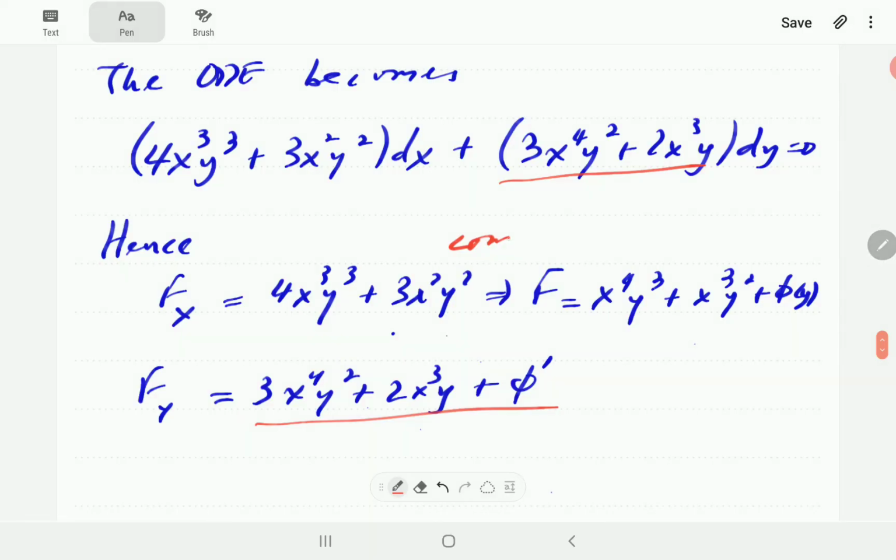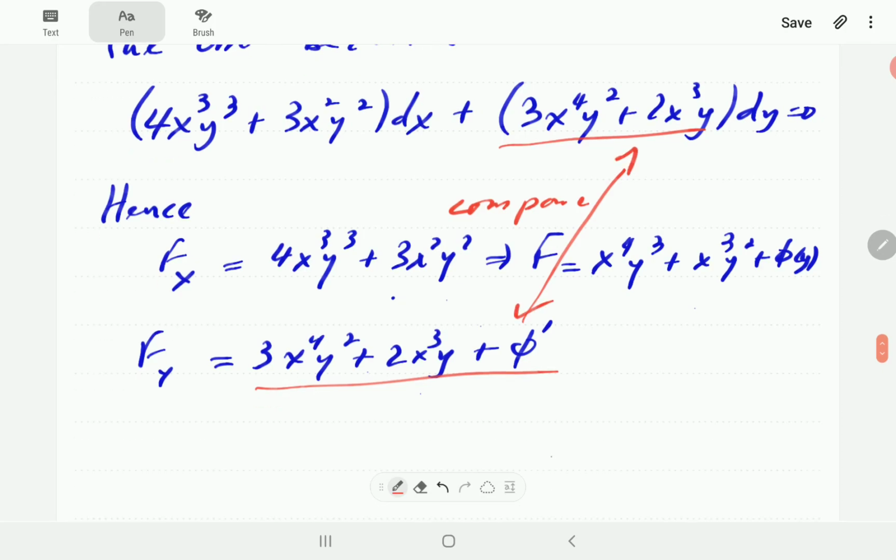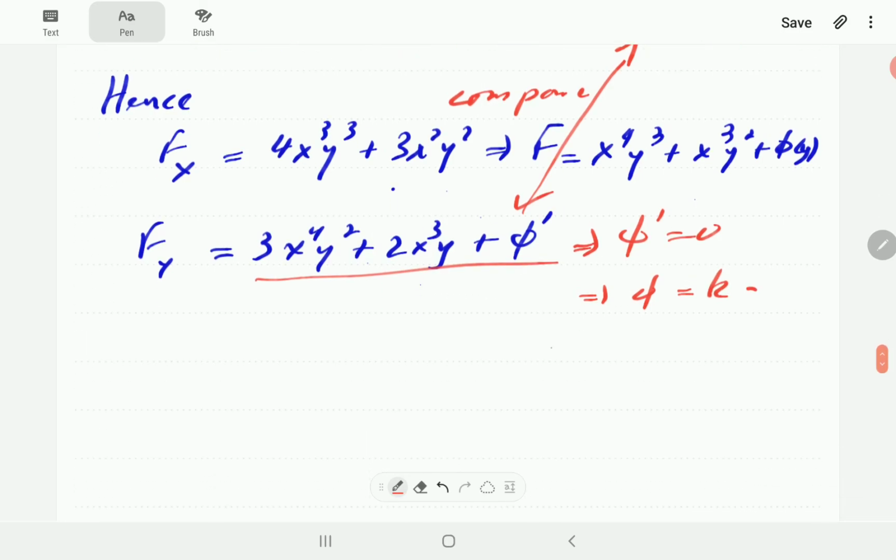So we compare these two, and that is going to tell us that phi prime is actually 0, which means phi is a constant. So the solution is simply going to be x^4 y^3 + x^3 y^2 + k equal to 0.